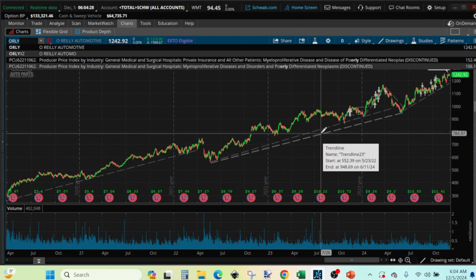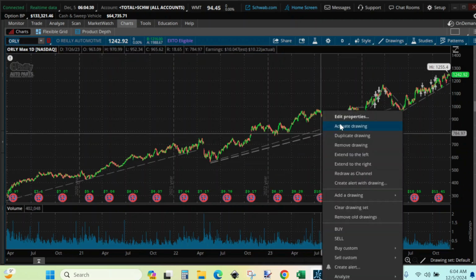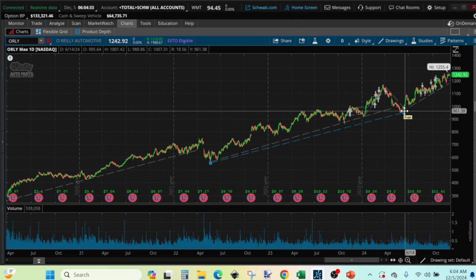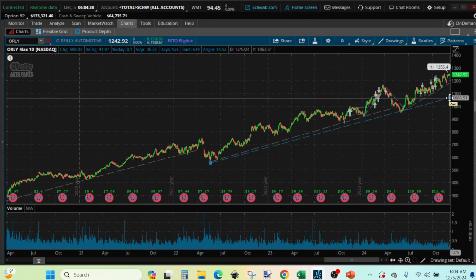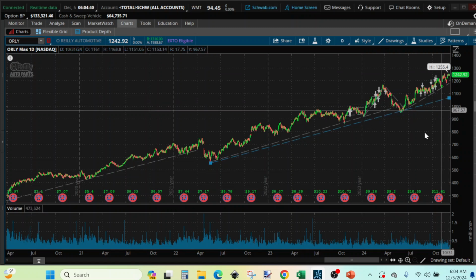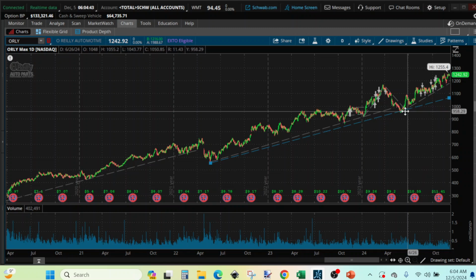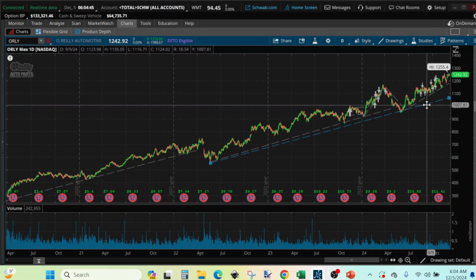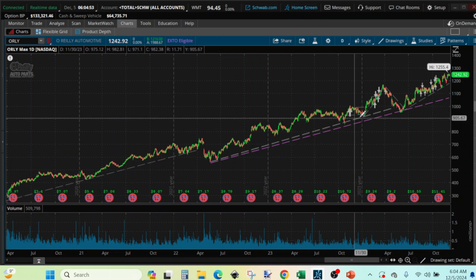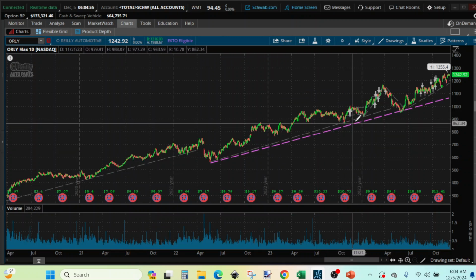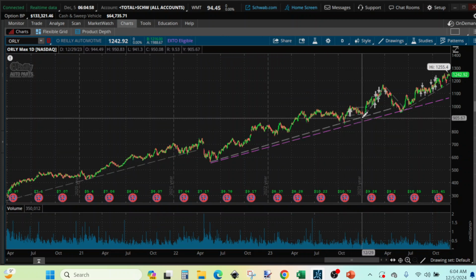So we do have this line here. Let's see if we can activate it and extend it. It is blending into that one, but let's extend it. And let's see, here is May. And let's see the beginning of the year. That is December, and this line here touched multiple times as well.